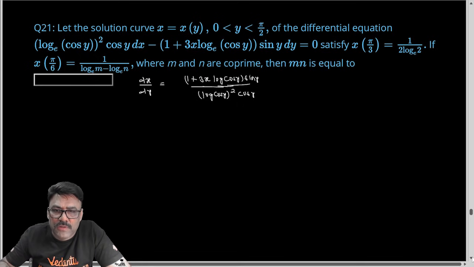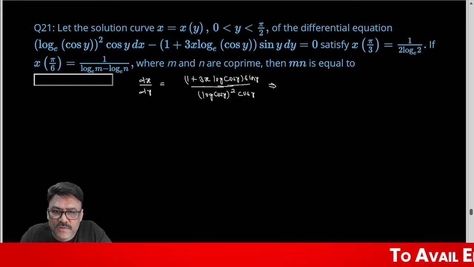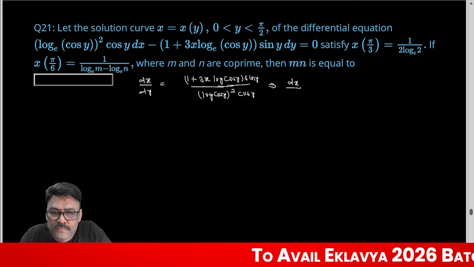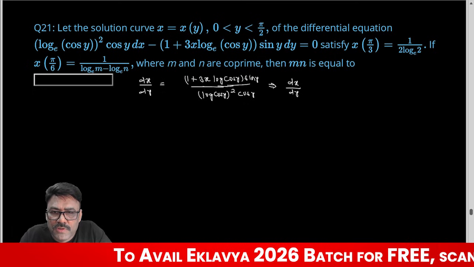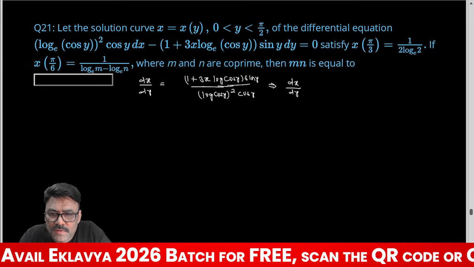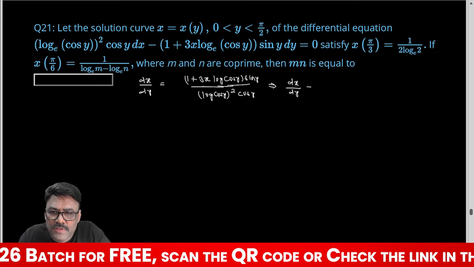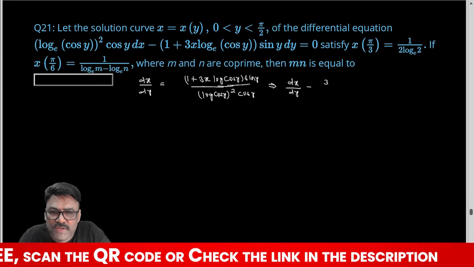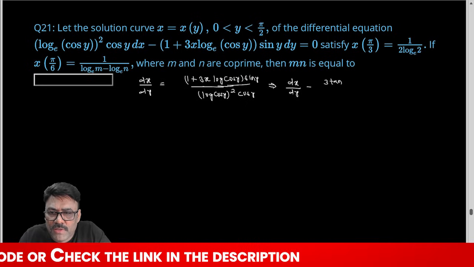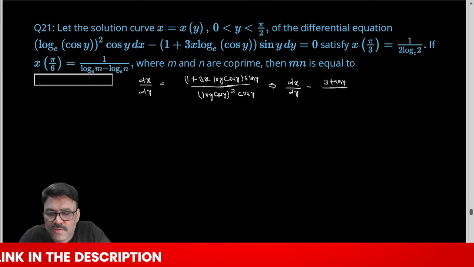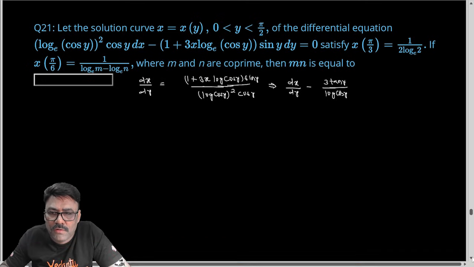Now if I rearrange it as dx over dy, minus 3 by log cos y, in fact sin over cos will become tan, so minus 3 tan y over log cos y into x, and on the right side I have tan y over (log cos y) whole square.